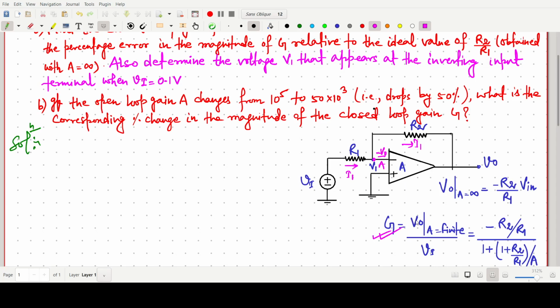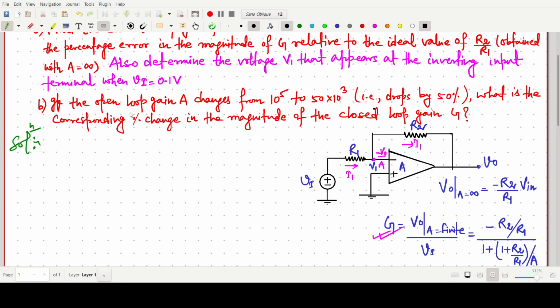I'm not going to prove this one; we will use this formula directly, and I will share the link for the theory. We have to find the percentage error in the magnitude of G relative to the ideal value R2 by R1, and also determine this value V1 for a given input voltage of 0.1 volt.